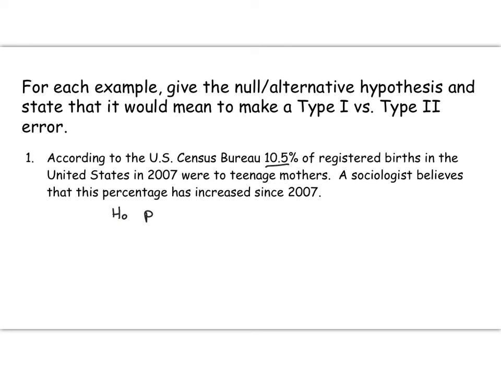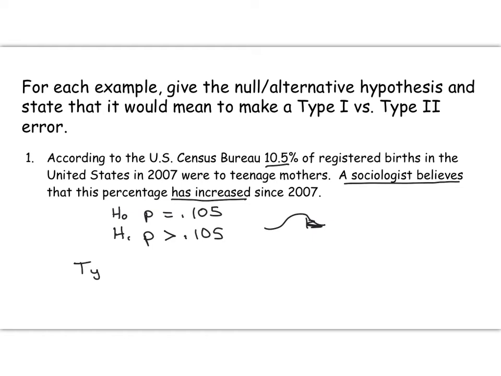Since it's a percent, that's going to be our proportion, not a mean. The alternative to that, the challenge we're making, is that the sociologist believes that this percentage has increased. So he doesn't think it's less than that. They think it's more than 10.5%. So that will be a right tail test.